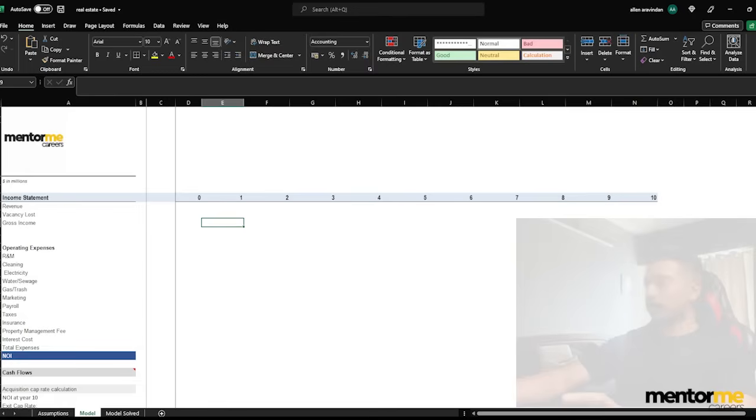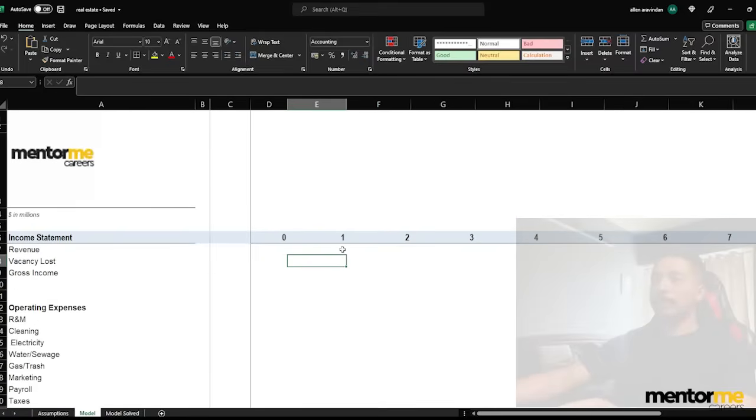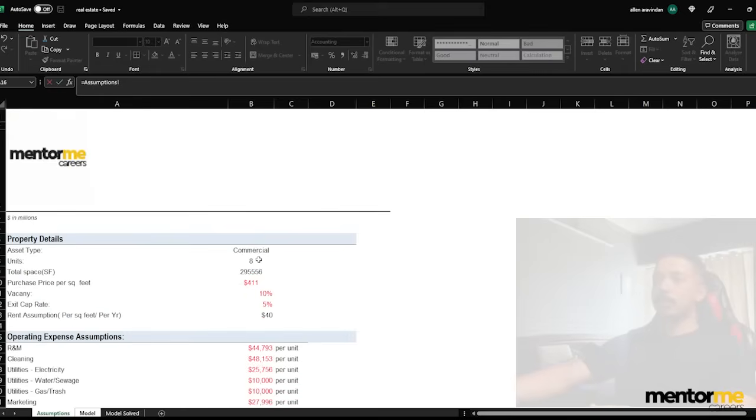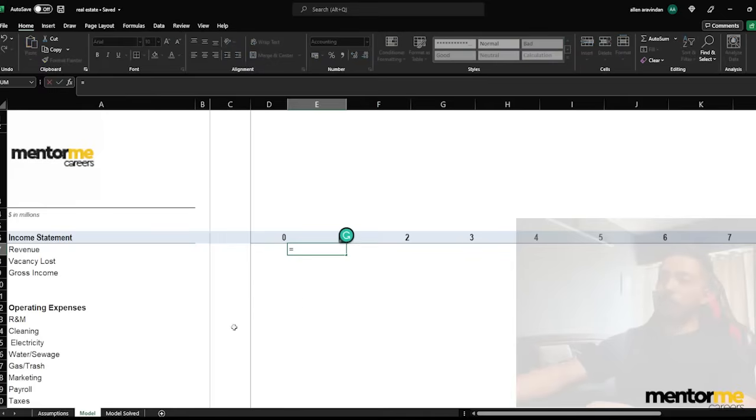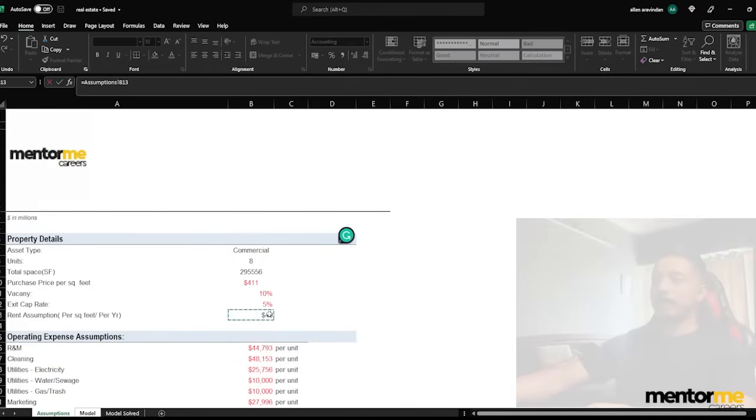So first, let's get into our model and first calculate the revenue. We will go to the assumption sheet. Now you want to link everything from the assumption sheet. So if you see, our rent is available on a per square feet level, which is $40 per square feet, right?